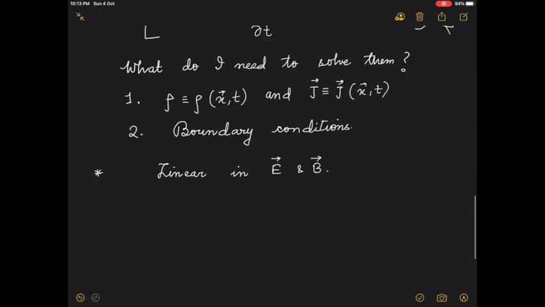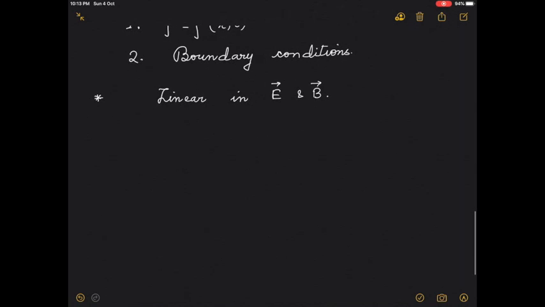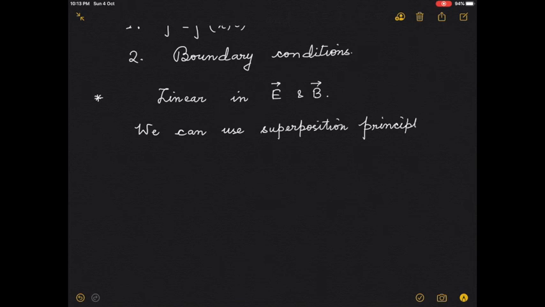And what is the advantage of that? The advantage is that we can use the superposition principle to solve these equations.